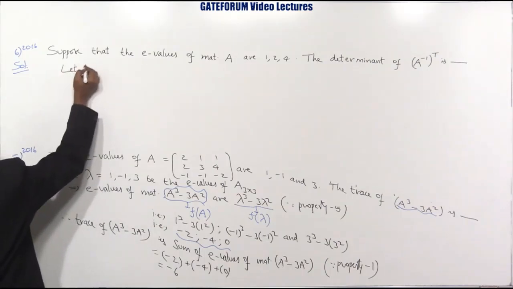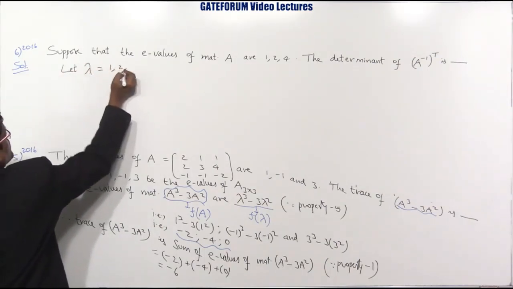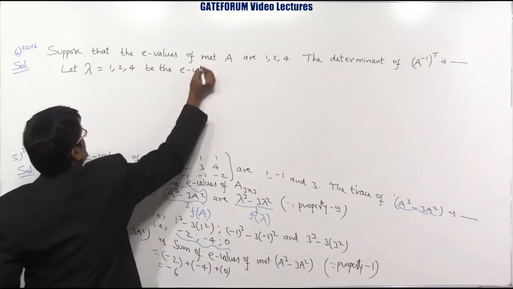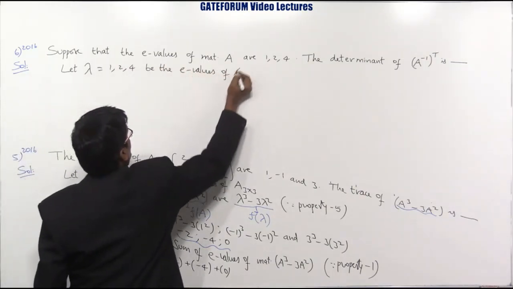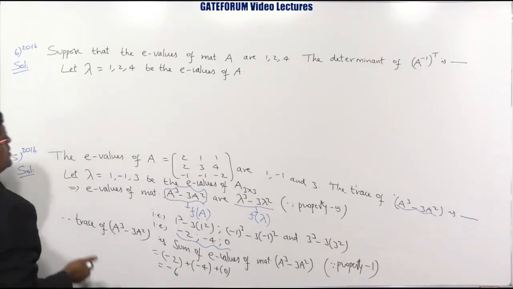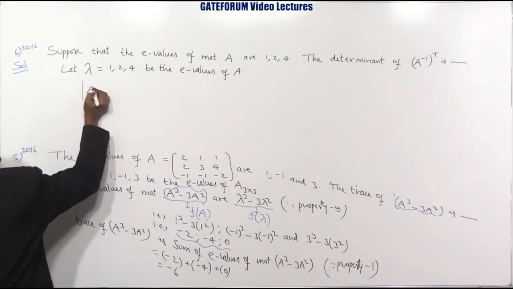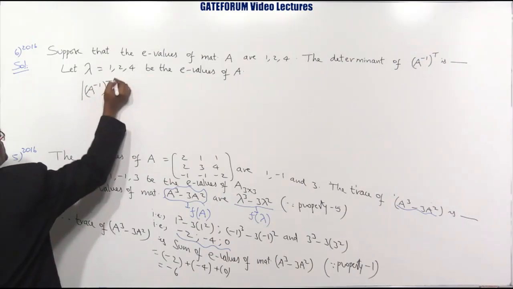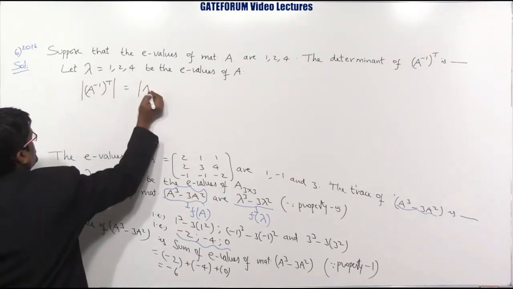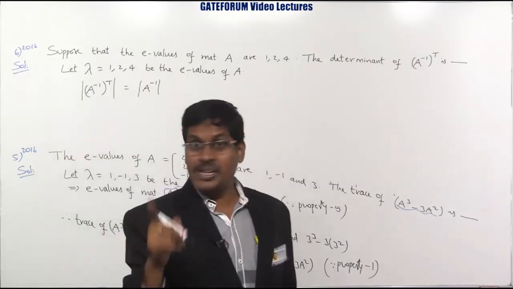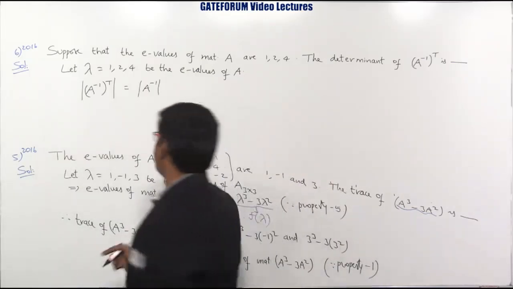Let lambda equal to 1, 2, 4 be the eigenvalues of matrix A. So, determinant of (A inverse) transpose is nothing but determinant of A inverse, since determinant A is equal to determinant A transpose. That is a first day property.